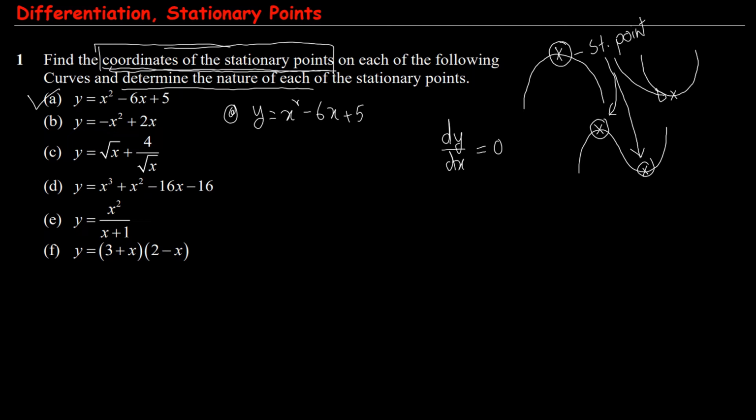Then we put that x value in the main equation to get the y value. To determine the nature of the stationary point, whether it is a maximum or minimum, we have to differentiate a second time, I mean take the second derivative. Let me show the total example, then I hope you will understand.